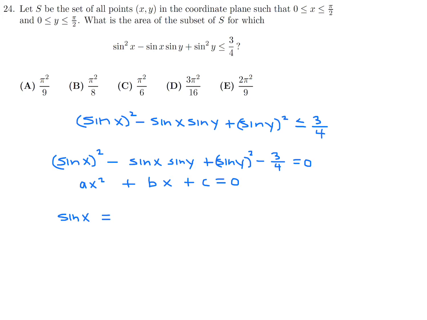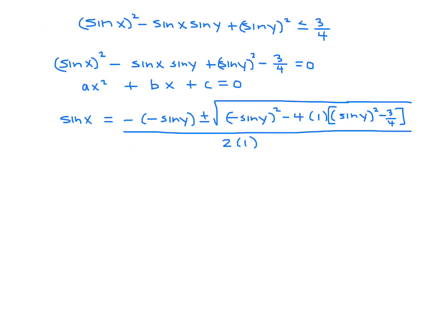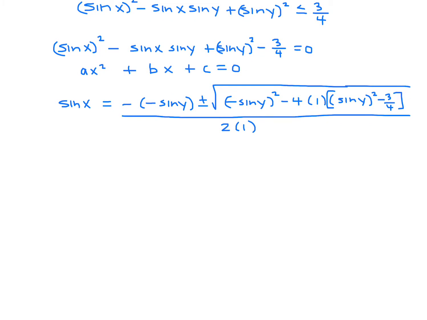So minus b, so minus sine y, plus or minus the square root of minus sine y squared minus 4ac, and c is sine y all squared minus 3 over 4, like that, all over 2a. Okay, so here we go.